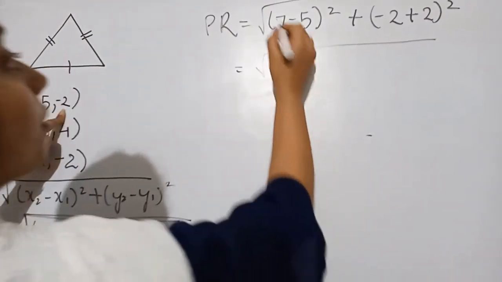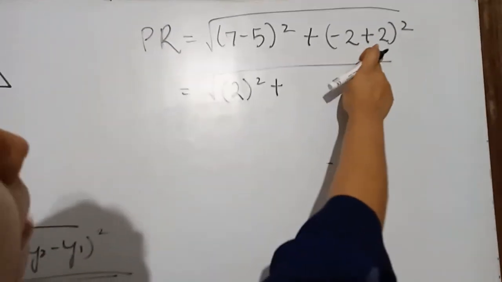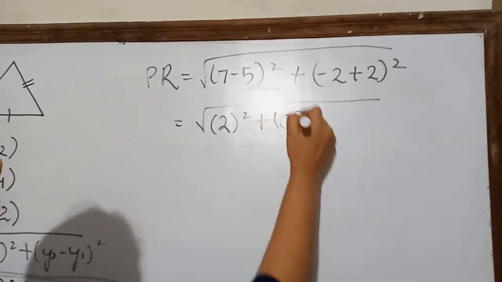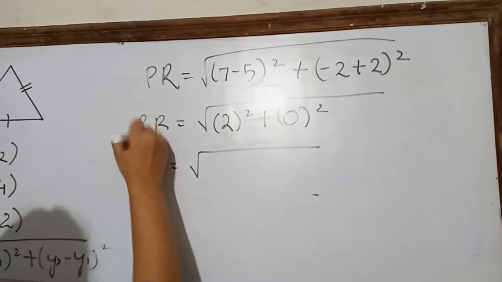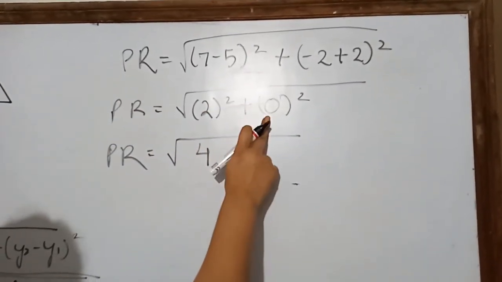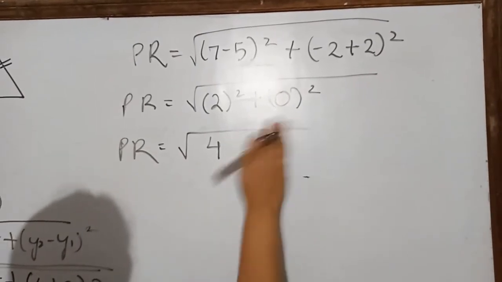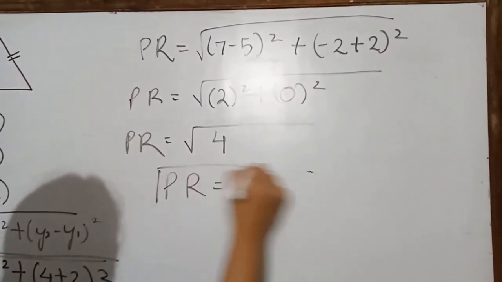So whole under root of (7 minus 5 is 2) square plus 0 square. This is PR: 2 twos are 4, 0 square is 0. So root 4 is equal to how much? PR is equal to 2.